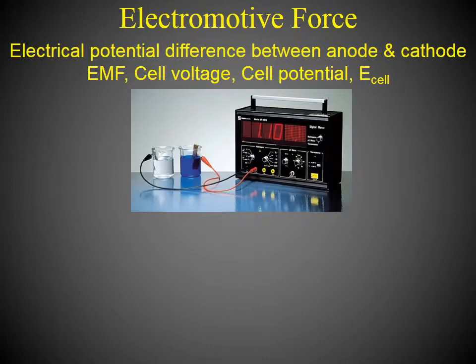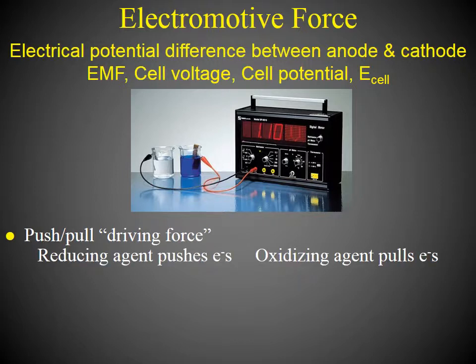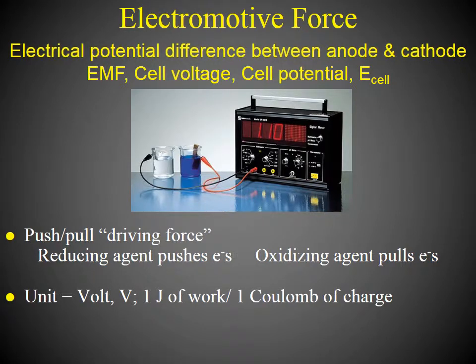Now, for just about any reaction of this type, we can measure that potential difference. The way we understand and describe the electromotive force, it is a push-pull driving force in which the reducing agent is pushing electrons and the oxidizing agent is pulling electrons.